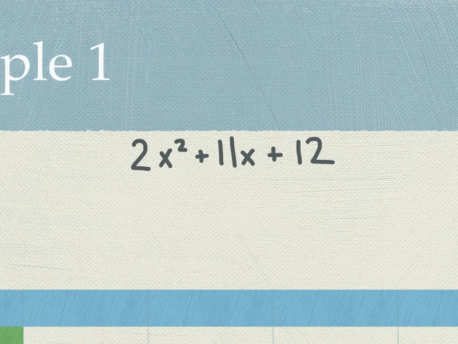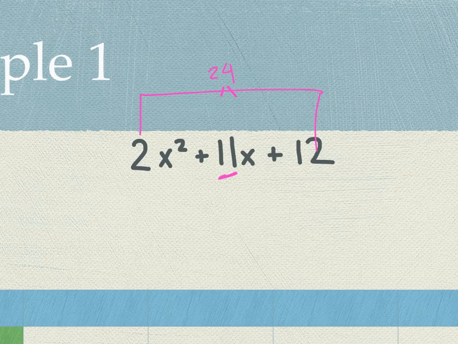So what we do is multiply the first term and the last term. What's 2 times 12? 24. All right, so we need to find now 2 factors of 24 that add up to 11. So 2 factors of what you just found that still add up to the middle number.